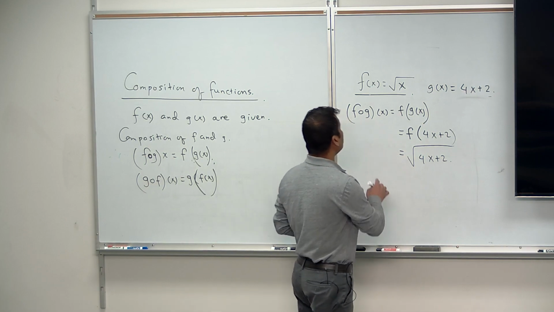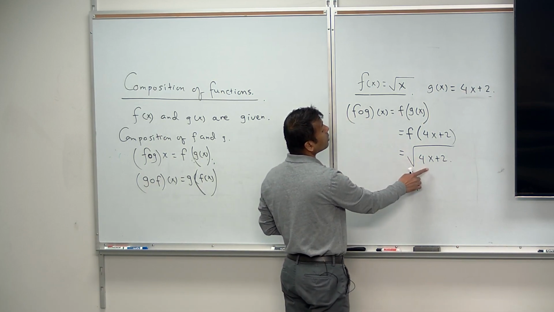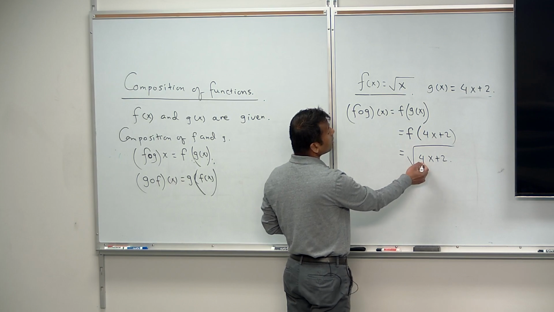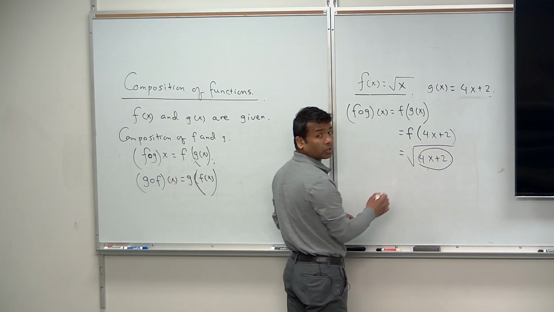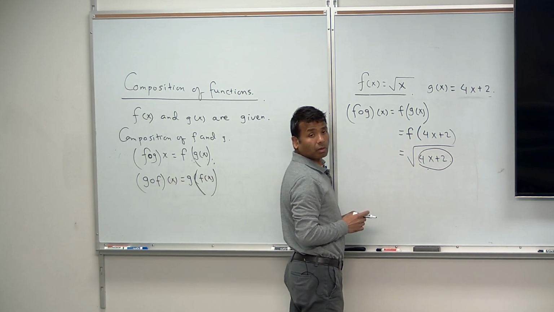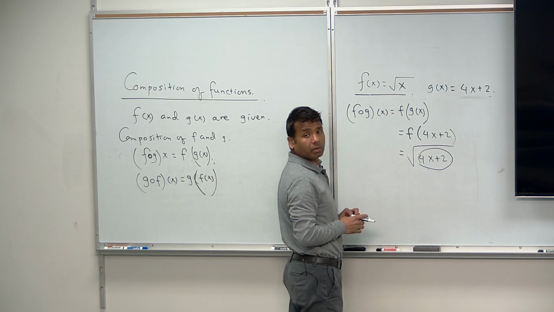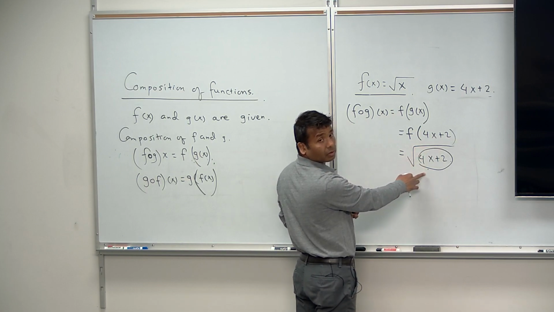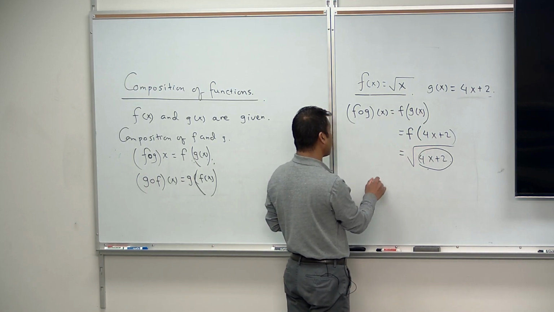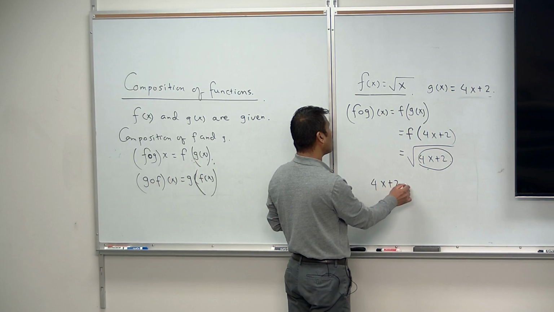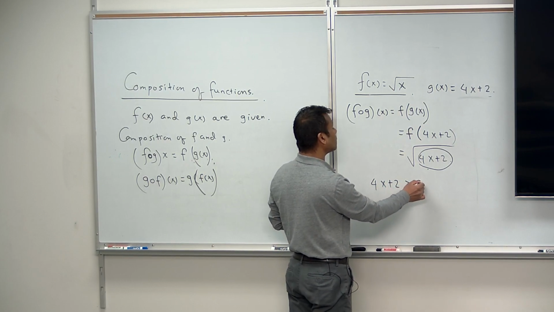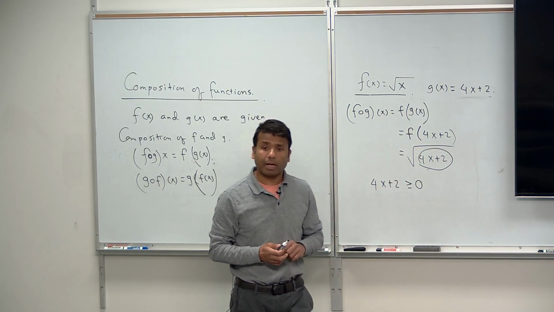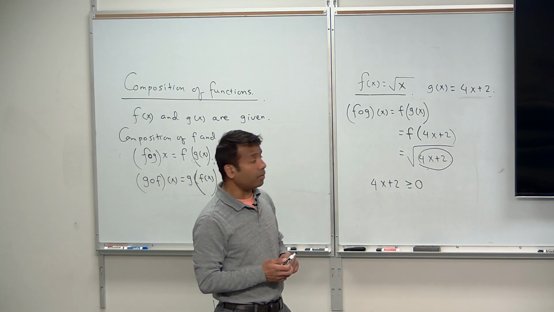So now, if you want to find out the domain of this function, you see this 4x plus 2 must be greater than or equal to 0. Because this is a square root, right? So this value under the radical sign, this 4x plus 2 must be greater than or equal to 0. Is that right? If you want to find the domain.